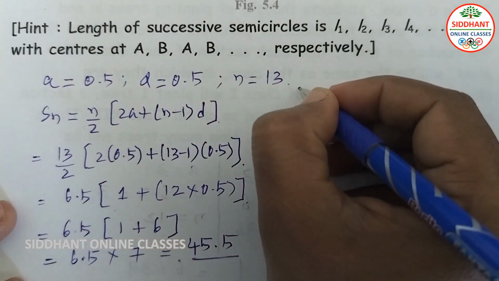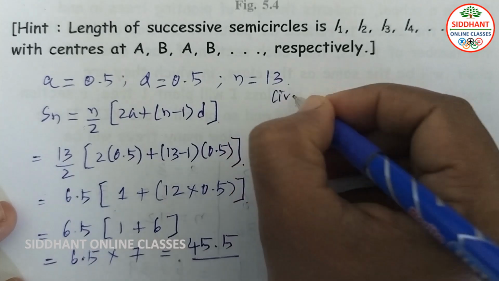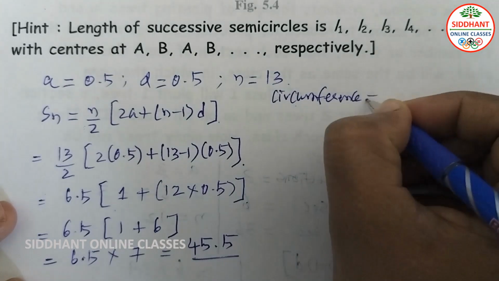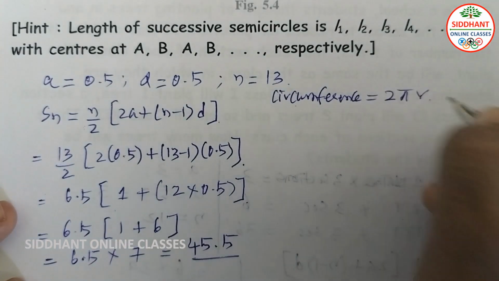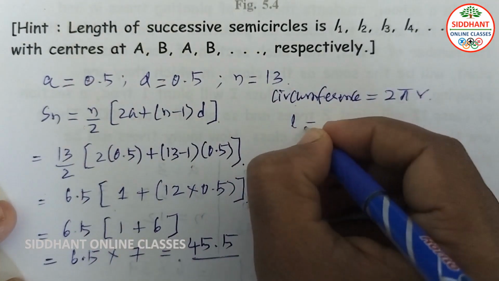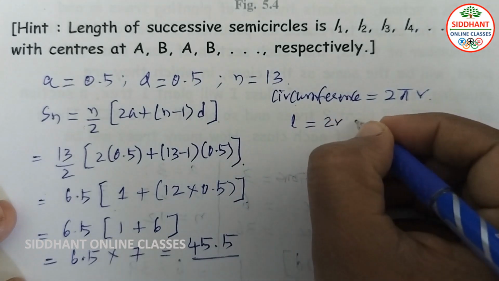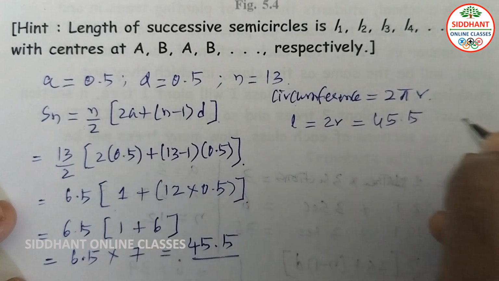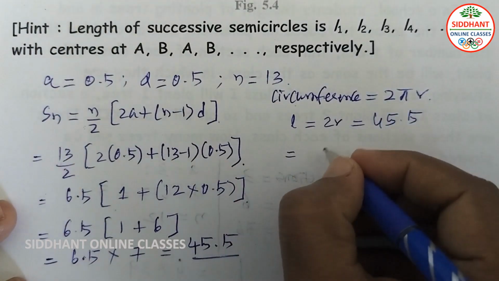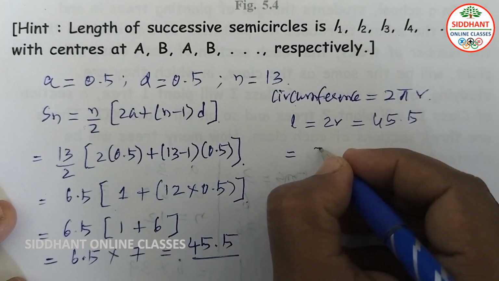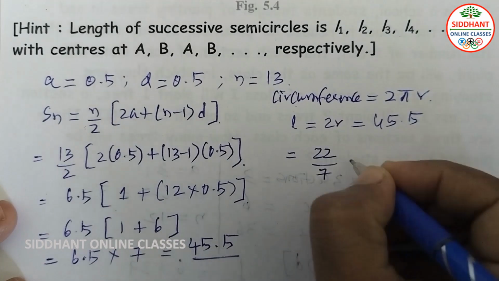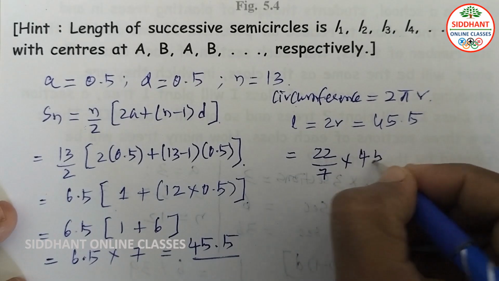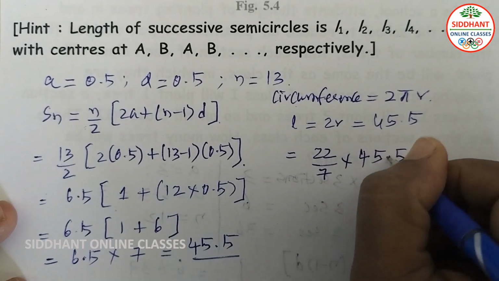So we know circumference is equal to 2 pi r here. Now total length is equal to 2 pi r, that equals 45.5 here. So here pi we are going to take 22/7 into 45.5 here.